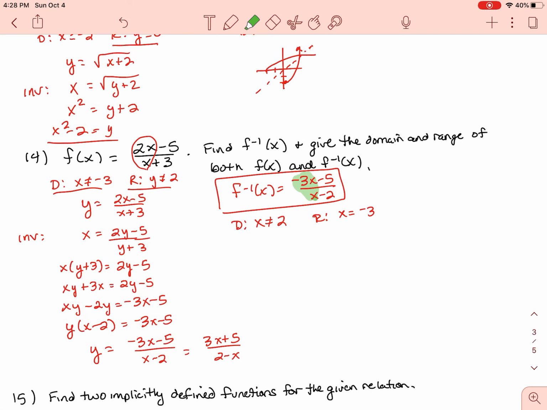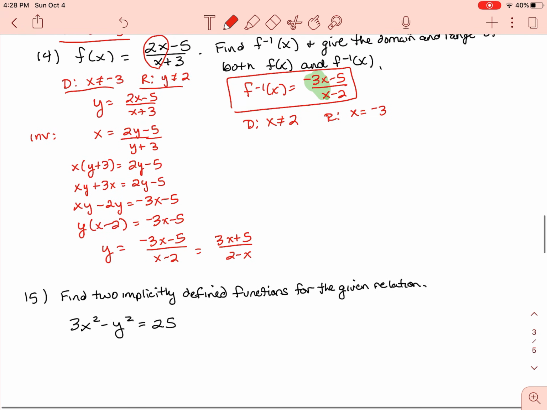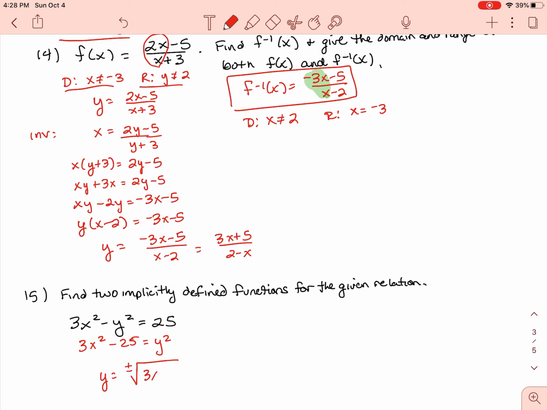So let's go ahead and do number 15, and then we'll pause. Find two implicitly defined functions for the given relation. So we have to solve for y, and 3x squared minus 25 will equal y squared. So y will equal, if you take the square root of both sides, plus or minus the square root of 3x squared minus 25.